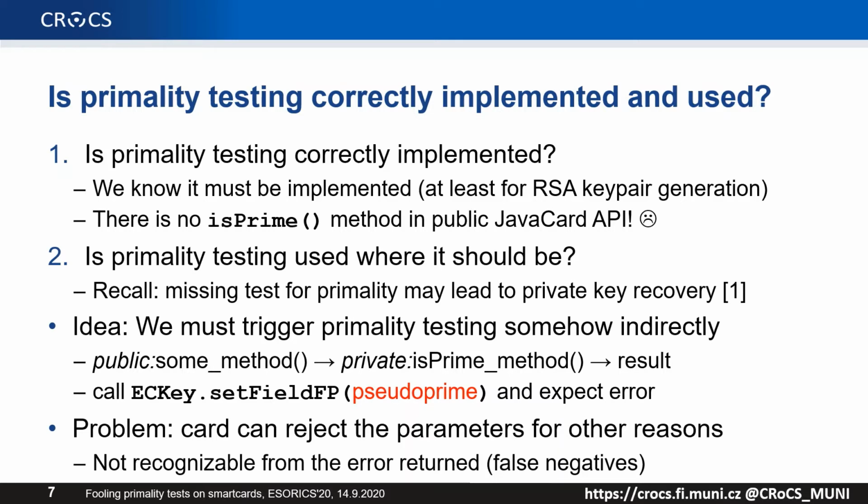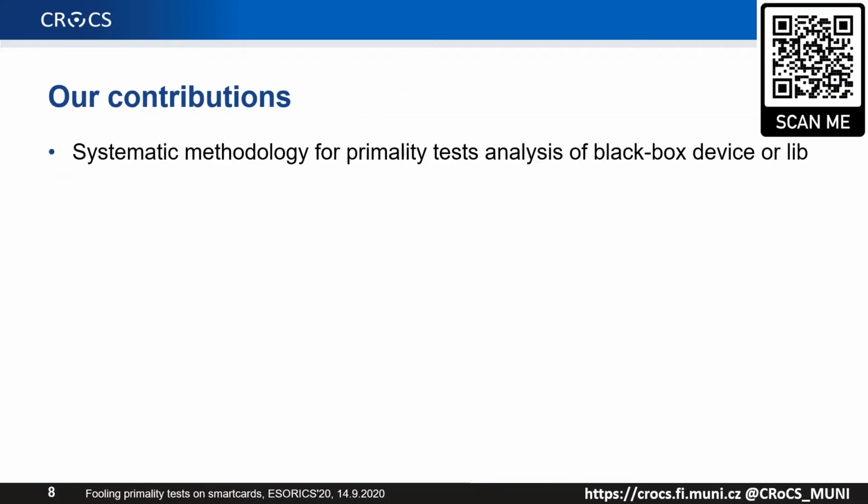What we are doing is setting some complex domain parameters, not just one, but a bunch of them, and then we are doing some operation with the result. So it can be rejected also for a reason like, say, it's too long. So maybe they are not checking properly, but they will reject our pseudoprime anyway, for a different reason. And this would result in false negatives in our case. So we will think that it's testing properly, but it's not in fact.